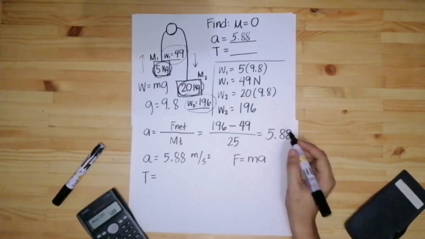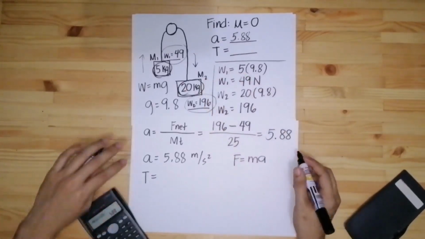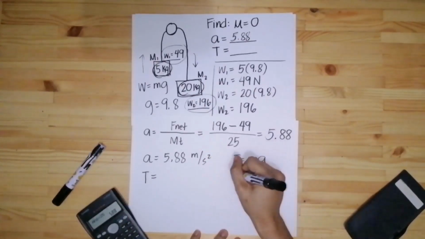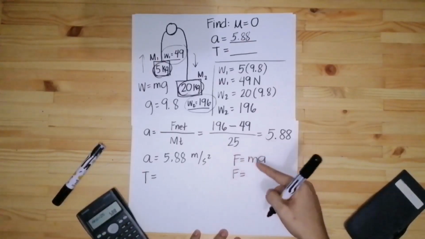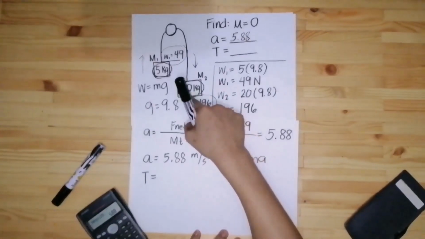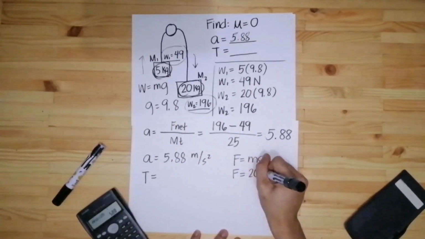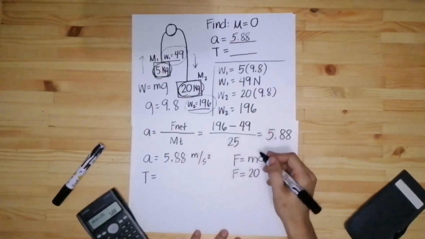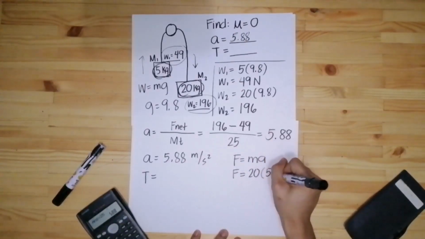So to get the force na meron dito sa 20 kilograms, gawin lang natin. Unang force, so F is equal to MA. So yung M natin dito, ito yung gagamitin natin, 20 kilograms. 20 times yung A natin, yan yung nakuha natin kanina, 5.88.